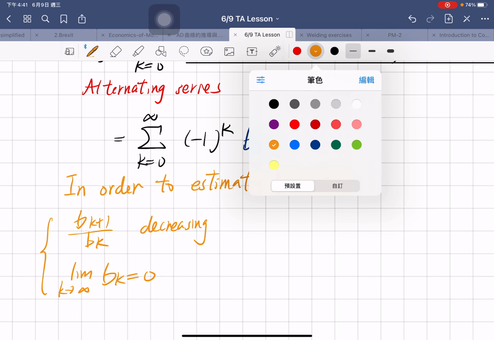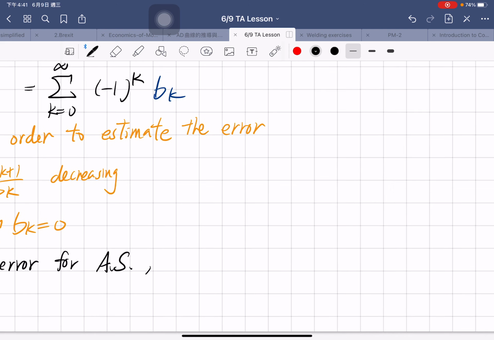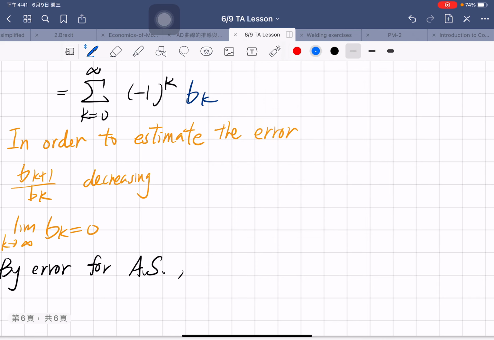Okay, so I'll leave it to you, and at the end, the error for our alternating series will be our b_(k+1) term. The b_(k+1) term will be smaller than or equal to 10 to the minus 4.